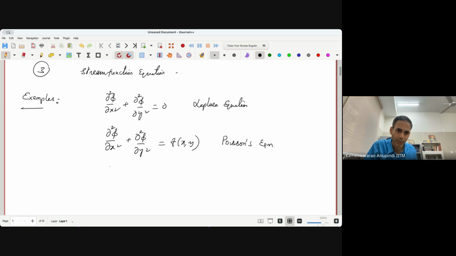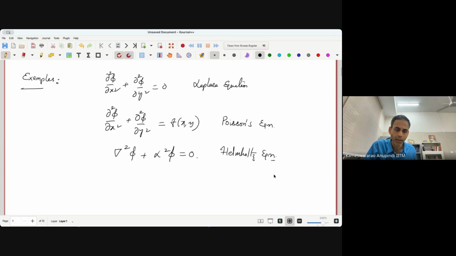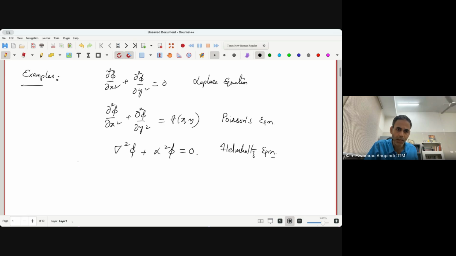And you also have the Helmholtz equation, which is del square phi plus alpha square phi equals 0, where del is the nabla operator.